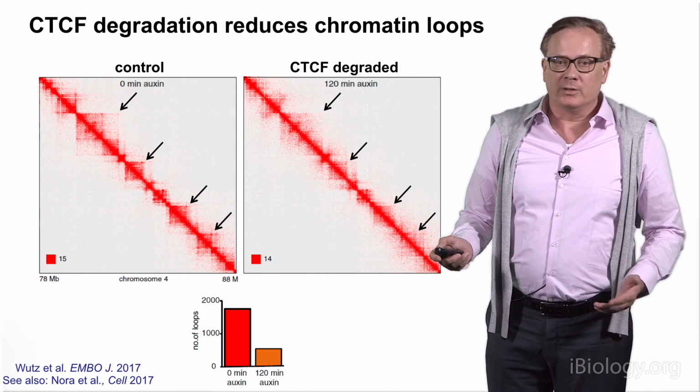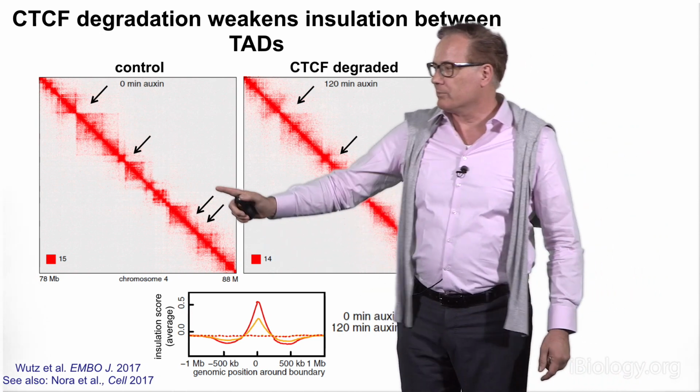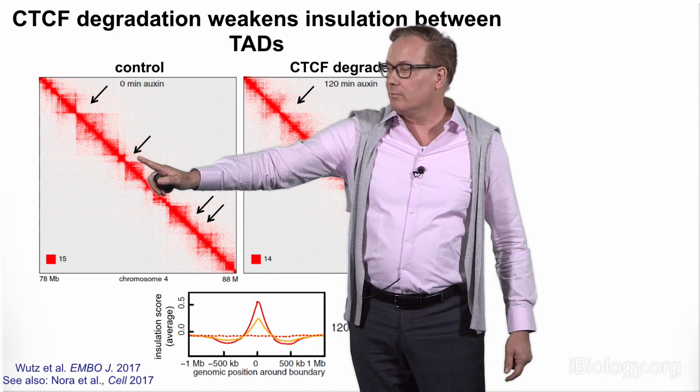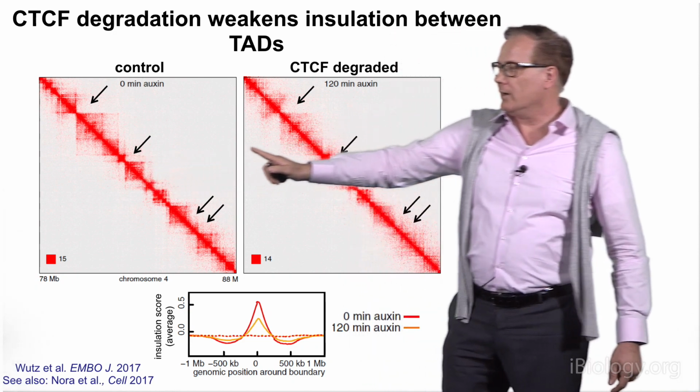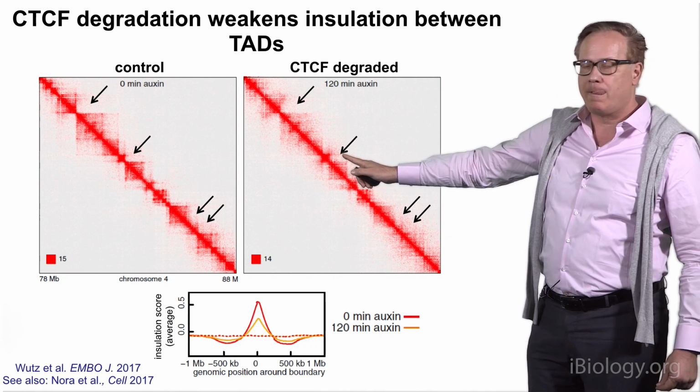And a similar phenomenon is seen if one looks at the boundaries between TUDs, which in the presence of CTCF appear as relatively distinct and sharp boundaries, but after depletion of CTCF now are much more fuzzy.